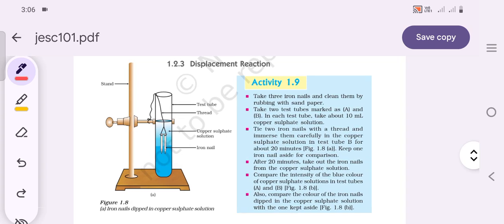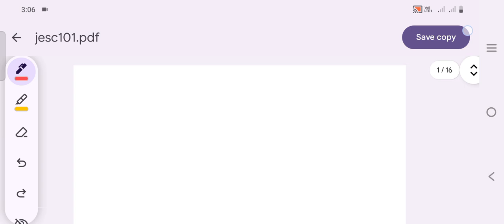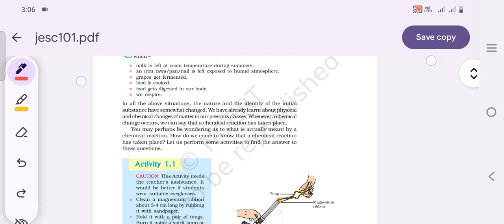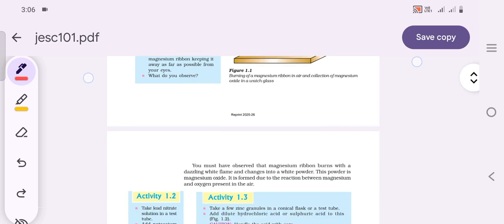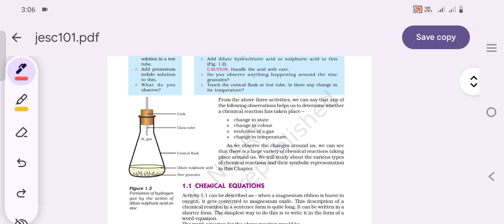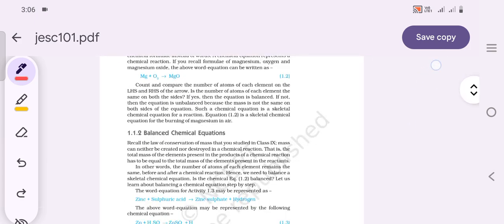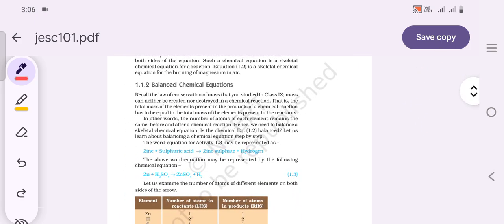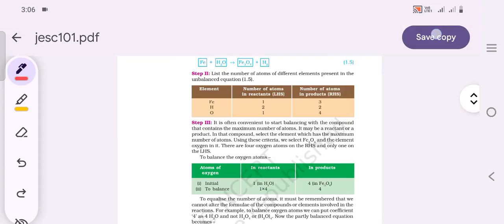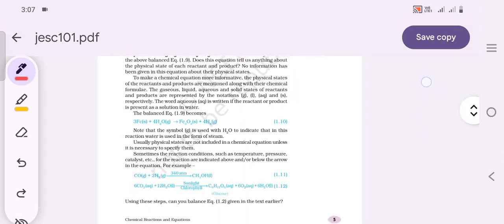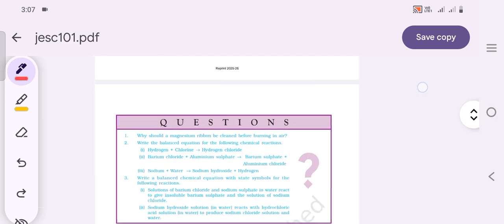So in the last video we discussed the introduction part, where we went through some situations with one activity and through chemical equations. We went through the difference between a chemical reaction and an equation, and how to balance a chemical equation by the hit and trial method.